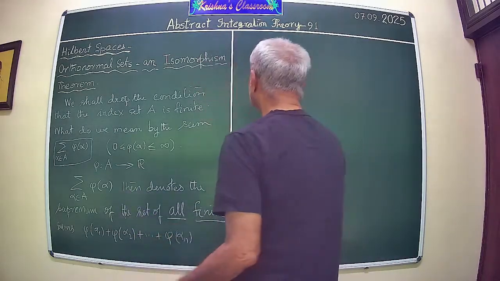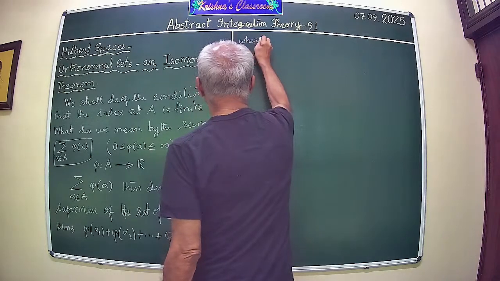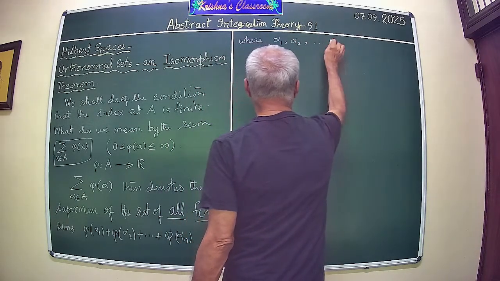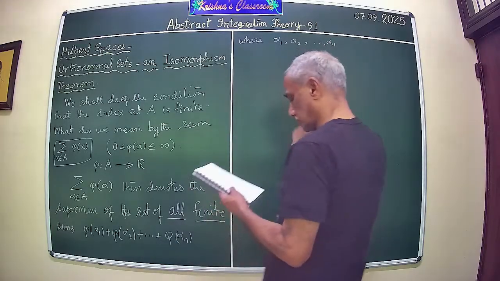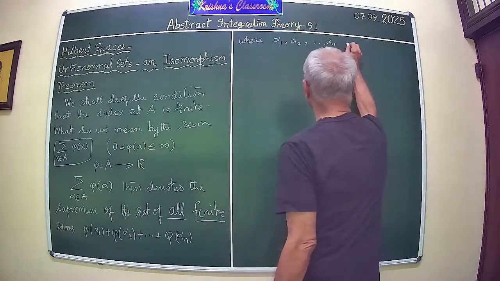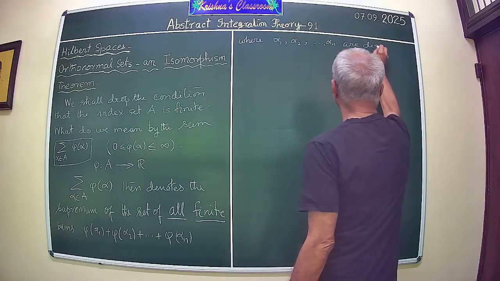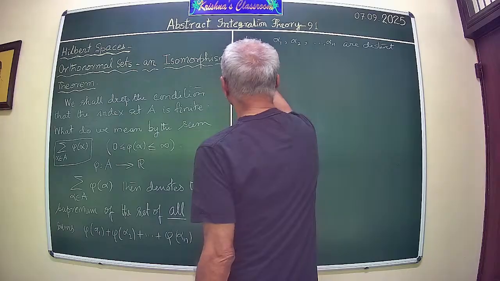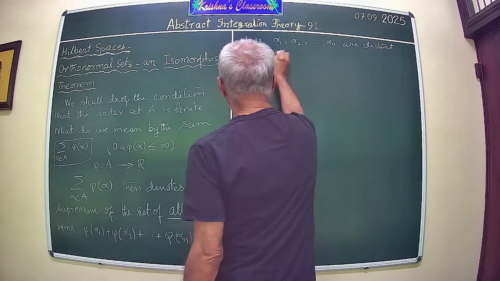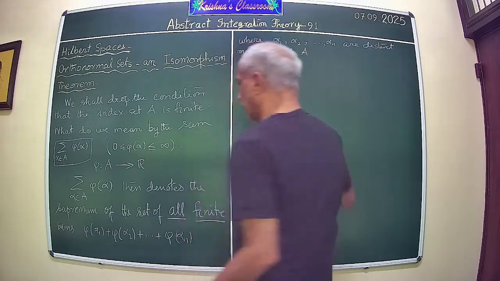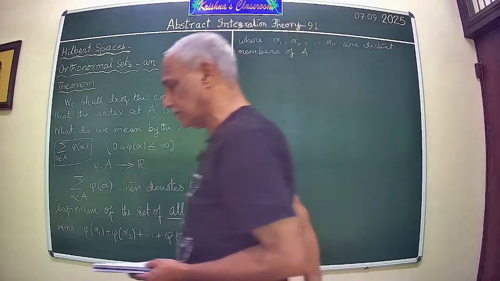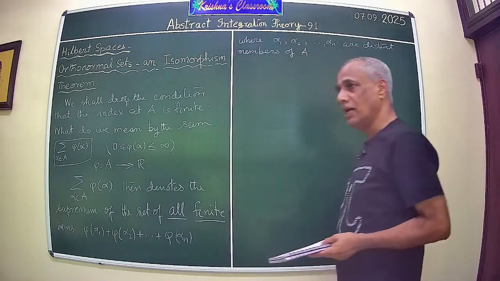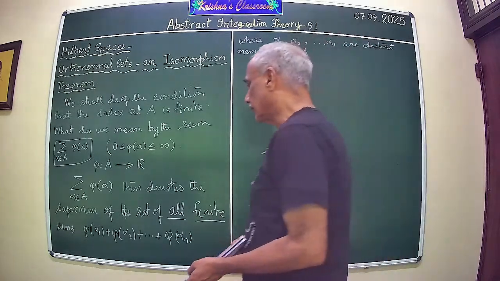It's a finite sum. So you take every finite subset of A, find out the corresponding sum, and then take the supremum of this.